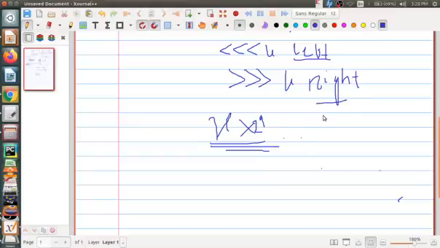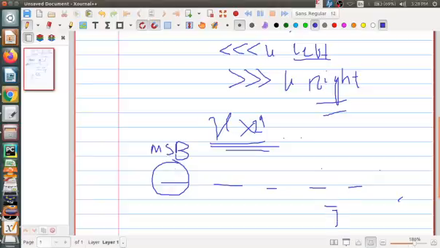But for right shift, you know the leftmost bit, or the MSB. Whatever the value, it is divided by 2 whenever we do an unsigned right shift.